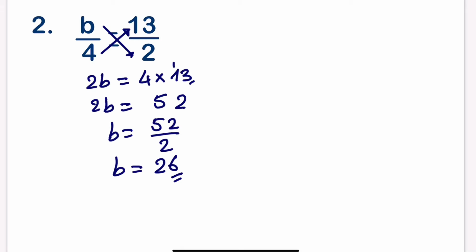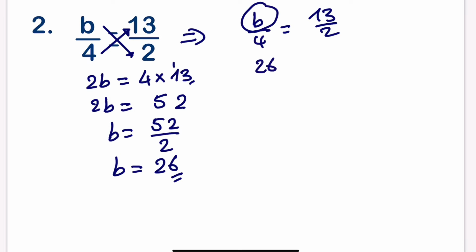Okay, you can as well check your answer for b. If b is 26, we have b over 4 should be equal to 13 over 2. You can write 26 over 4 should be equal to 13 over 2.